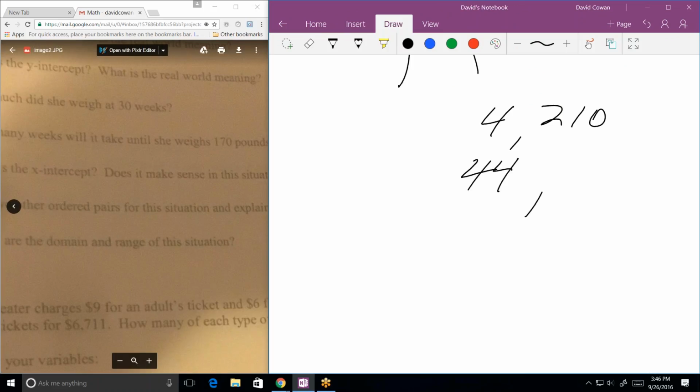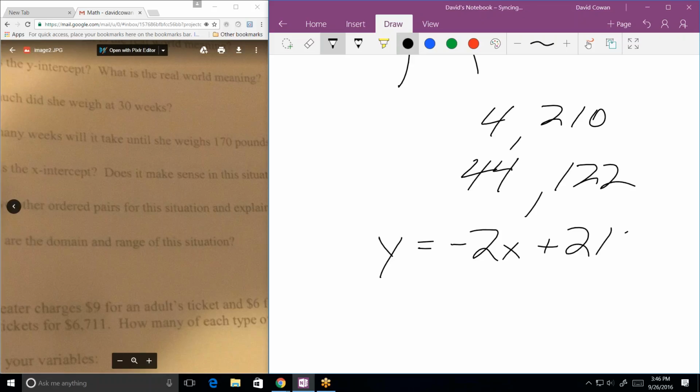What'd she weigh after 44? 122. Oh, 122. She really got skinny. Okay, and our equation of the line was this. So give me 2 other ordered pairs.